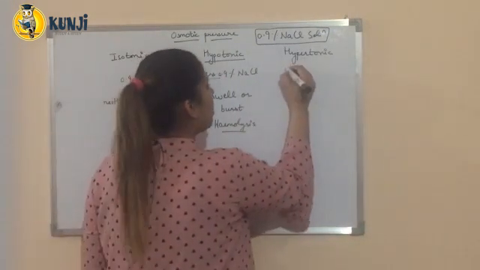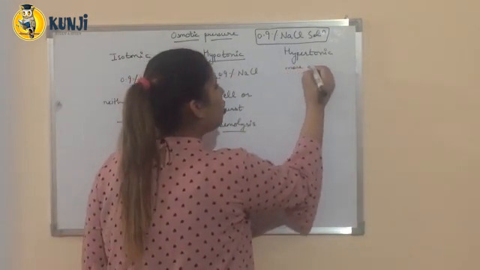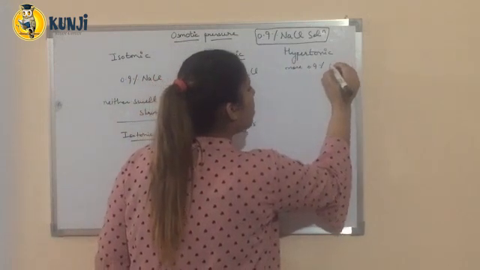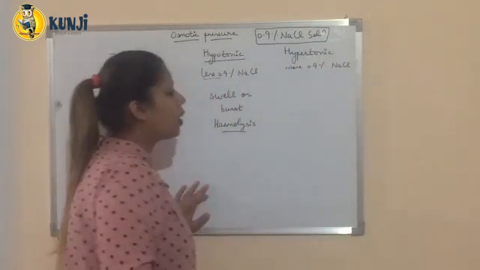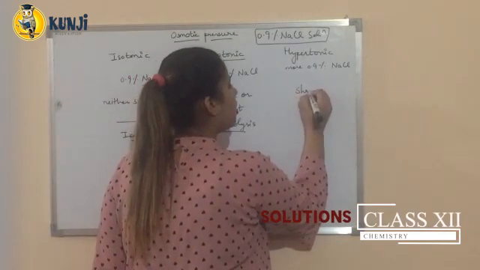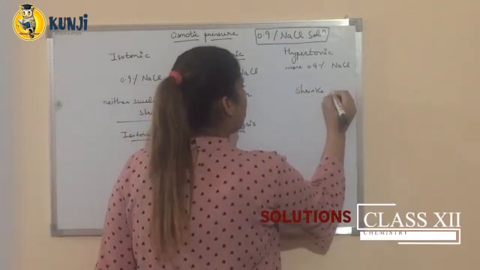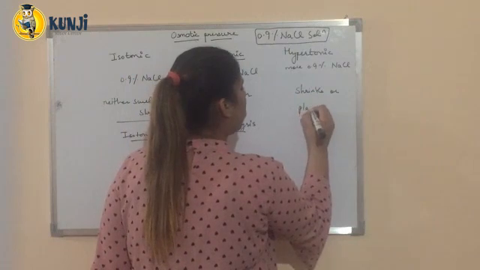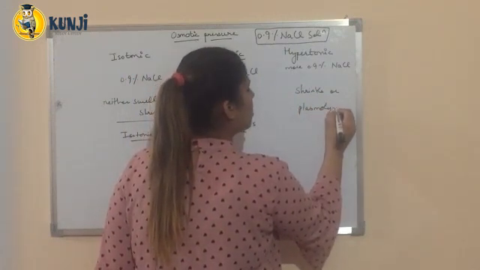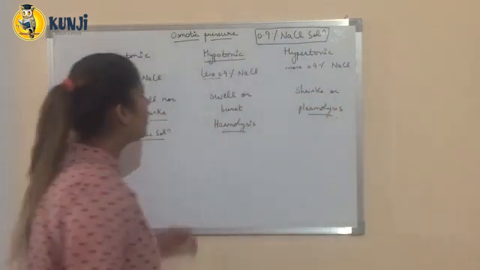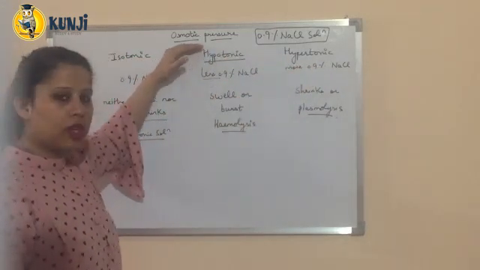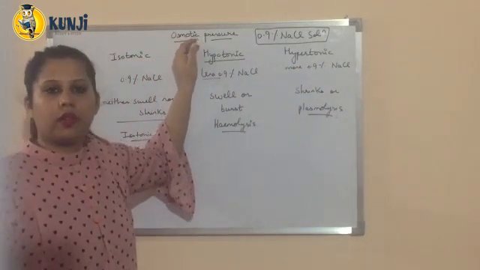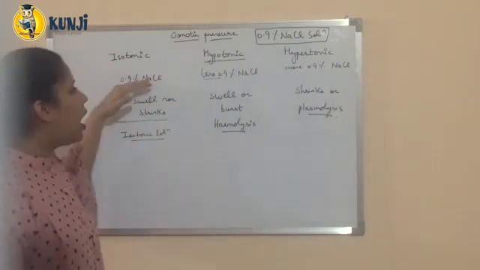In the third case, if you put the RBC in more than 0.9% NaCl solution, then it will shrink, or we can say it will undergo plasmolysis. So these are the three terms based on the osmotic pressure. This is the biological importance of osmotic pressure in the RBCs.